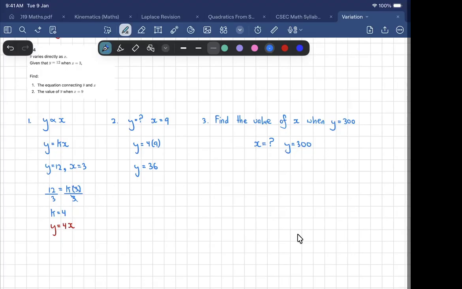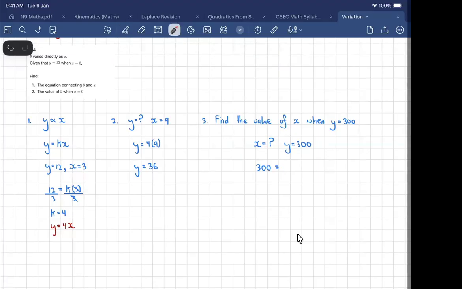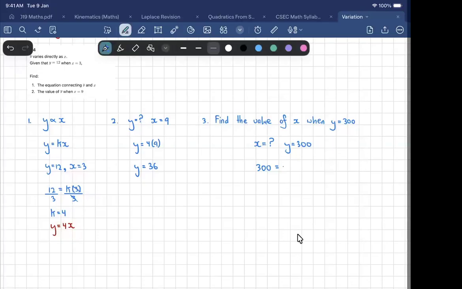So to put on the working, we're going to say 300 is equal to what? Remember the equation. In all the questions, you have to use the equation you came up with. So we know y is 300, so I'll say 300 is equal to 4.